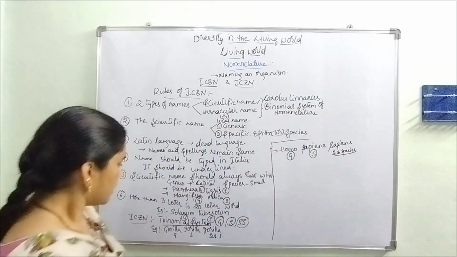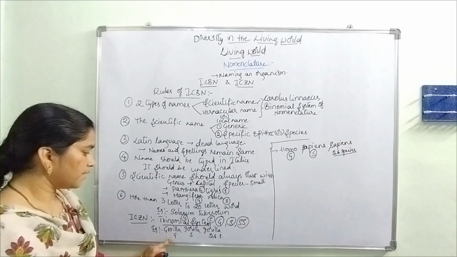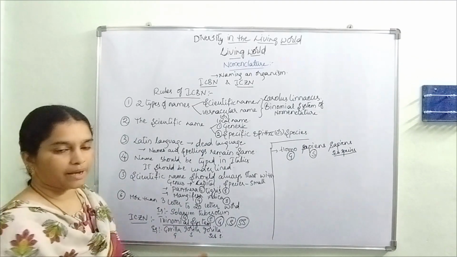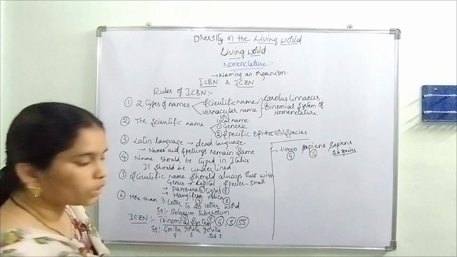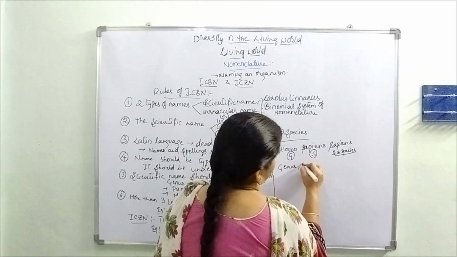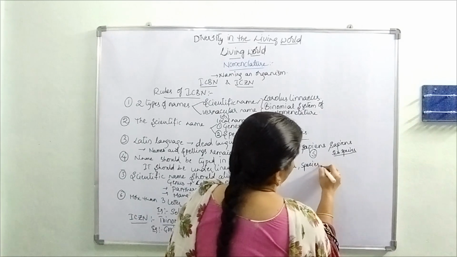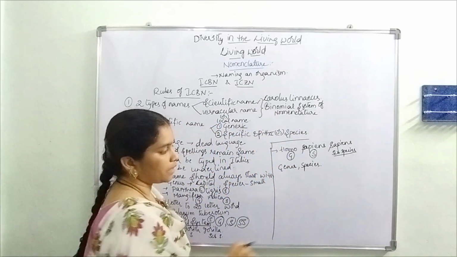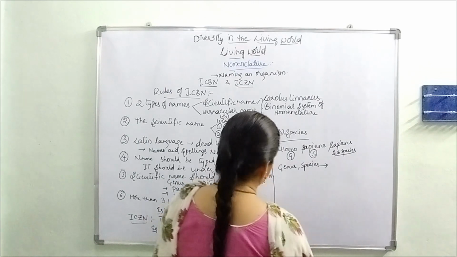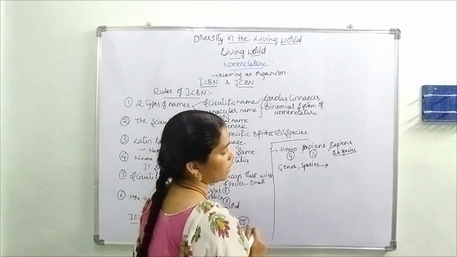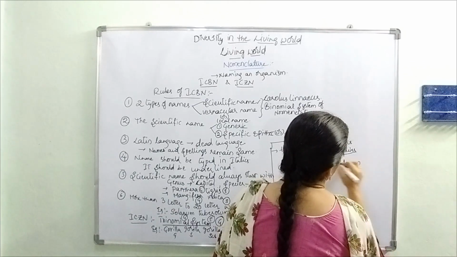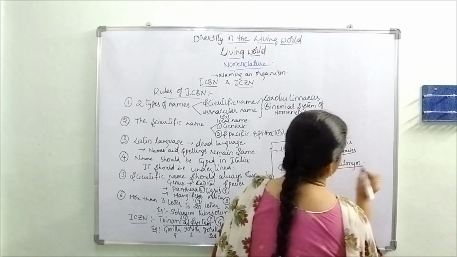Now, you can observe that the genus, species and subspecies are given the same name. So, in the case of animals, genus and species can be similar. This is called a tautonym.